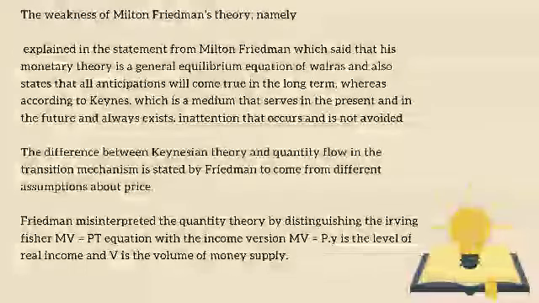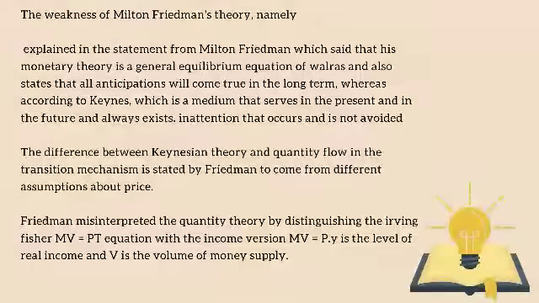The weakness of Milton Friedman's theory is explained in his statement that monetary theory is a general equilibrium equation, and also states that all expectations will come true in the long term, whereas according to Keynes, people suffer in the present and in the future and always worry about uncertainty.